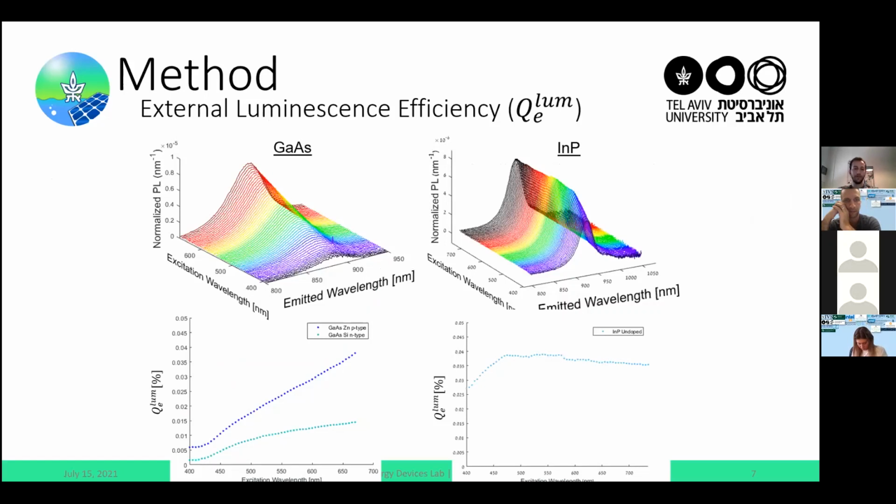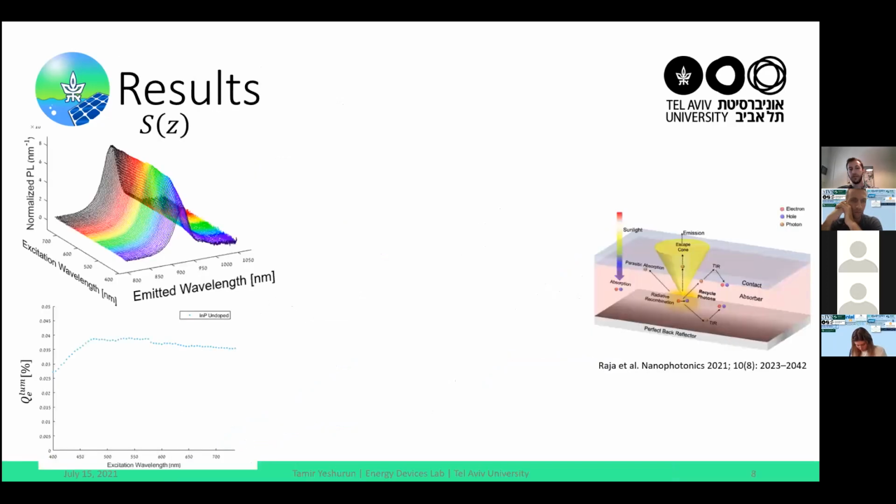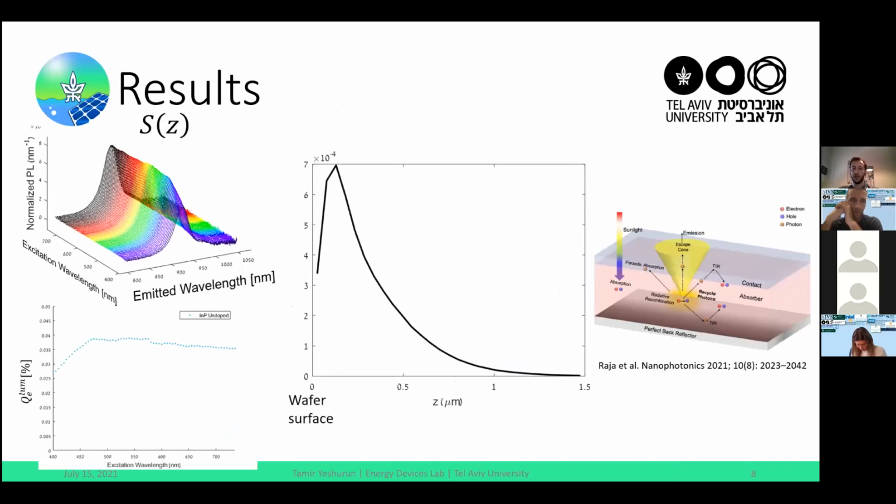And here we have the PL measurements, the photoluminescence measurements, and also the external quantum efficiency measurements of both of those. And if we take those photoluminescence and external quantum efficiency measurements and combine them with the optical modeling, we can extract the spatial external luminescence efficiency profile.